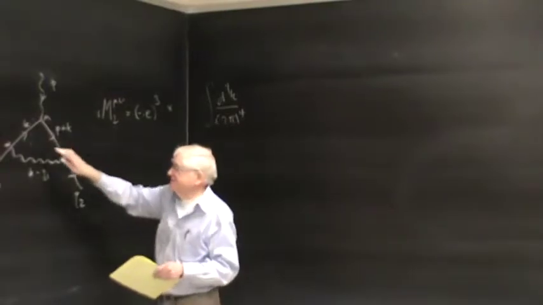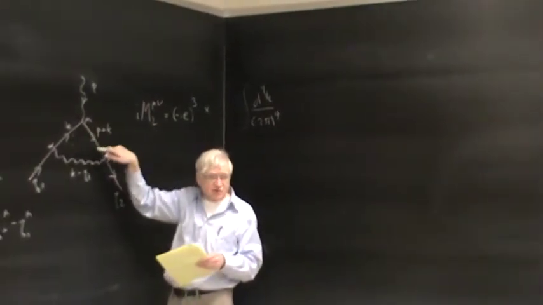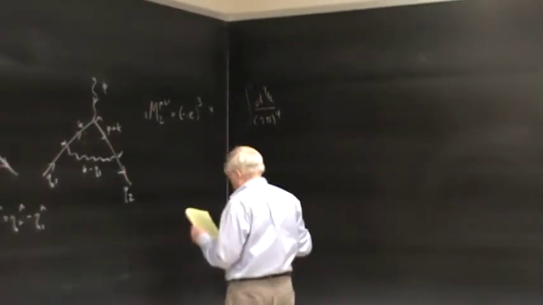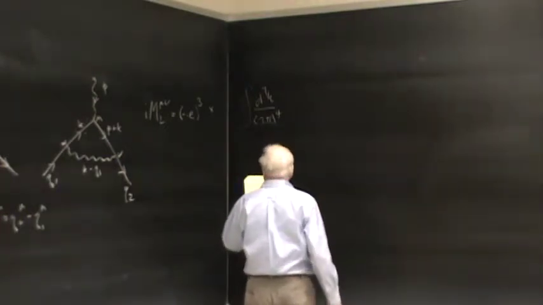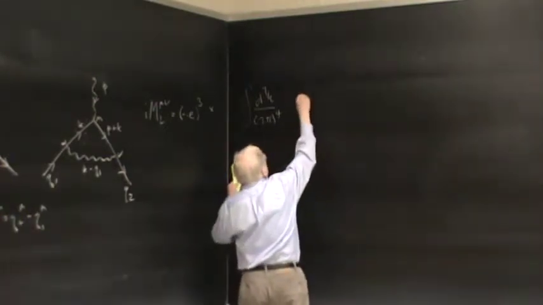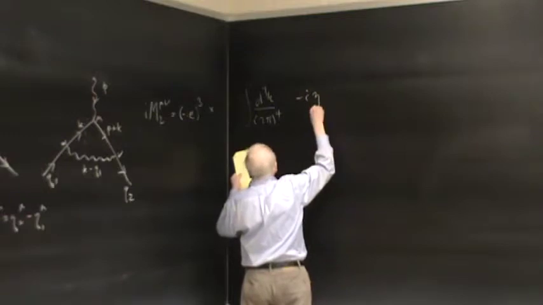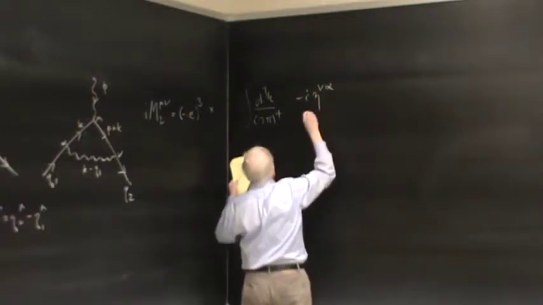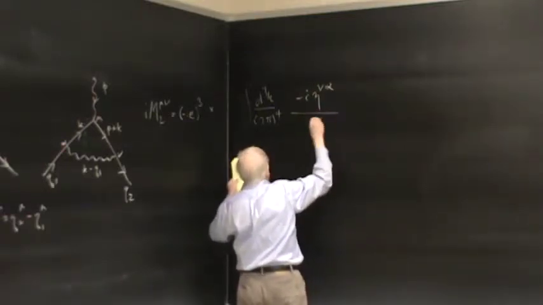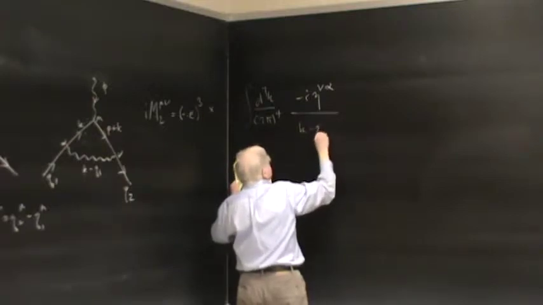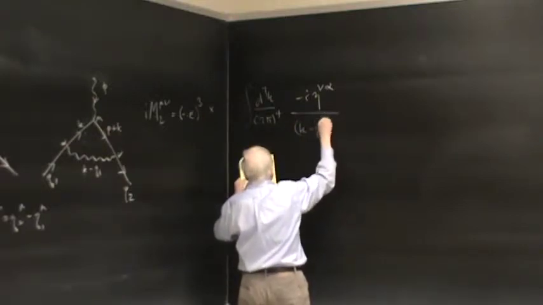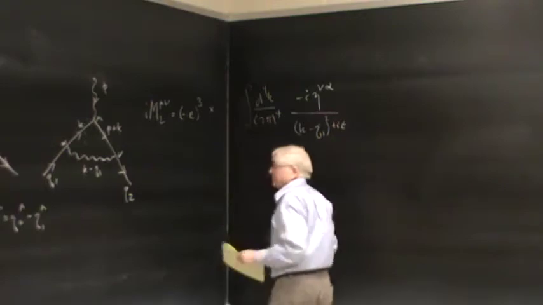That's the integration around this loop. And now what we've got is minus i eta nu alpha over (k minus q1) squared plus i epsilon.